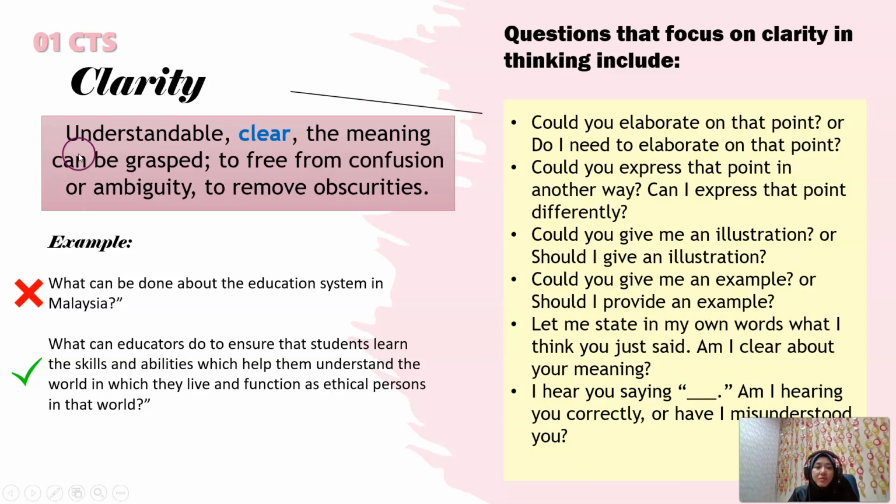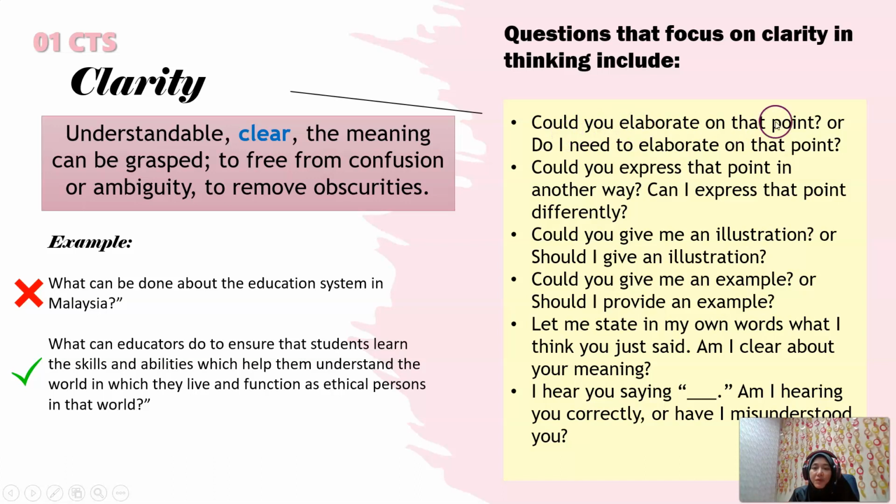It is understandable, clear, the meaning can be grasped, free from confusion. So you don't have any question on that situation. What are the questions that you can ask to find out whether the situation is clear enough?